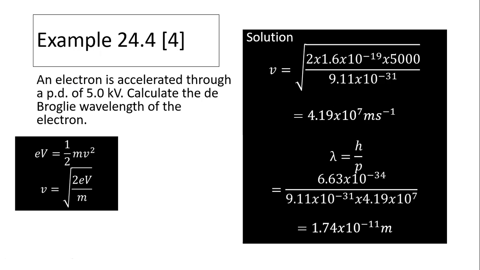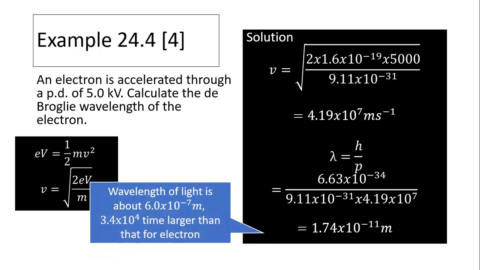You should get 1.74 × 10 to the power minus 11 meter. Yeah, I got that answer, sir. Okay, good. To compare to the wavelength of light, about 6 × 10 to the power minus 7, you can see that this one is much smaller. 3.4 × 10 to the power 4 times smaller.